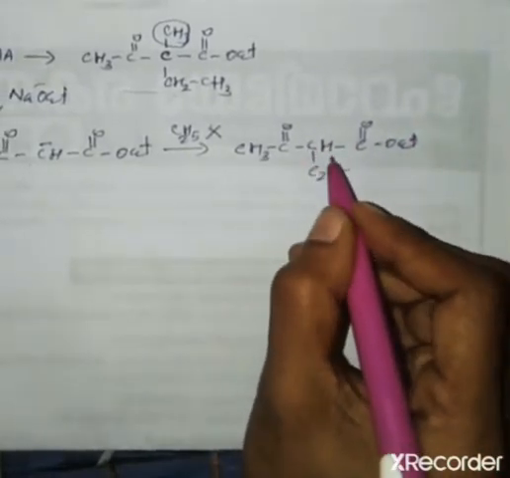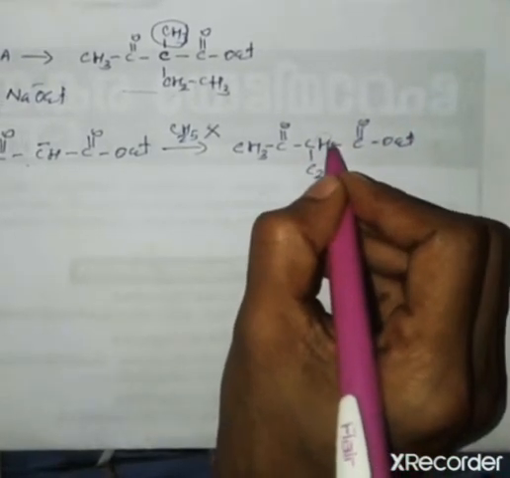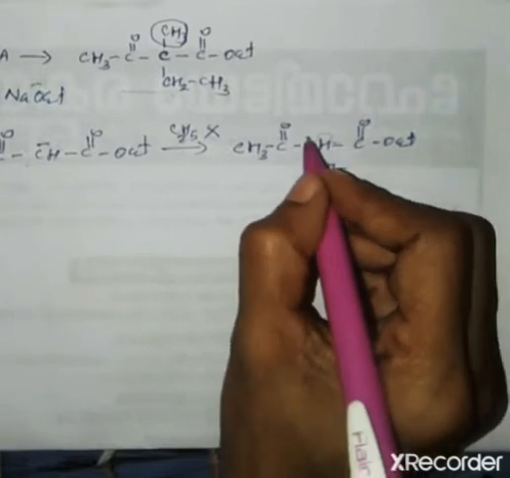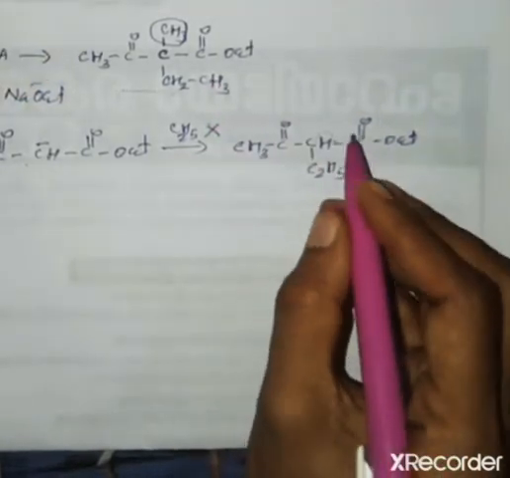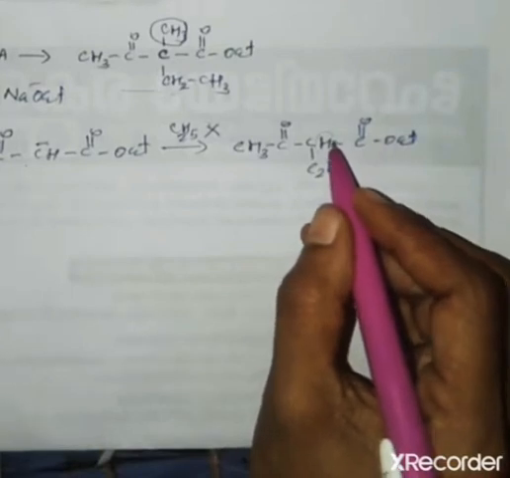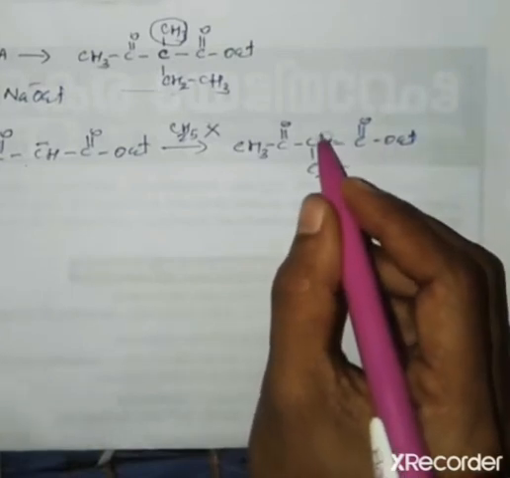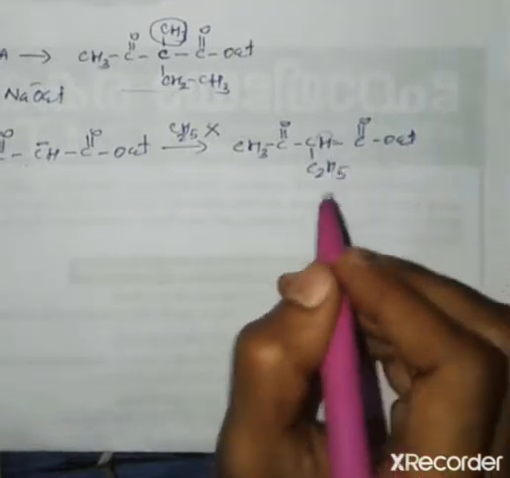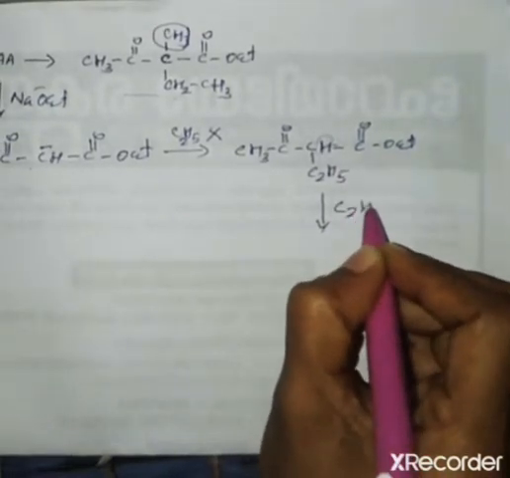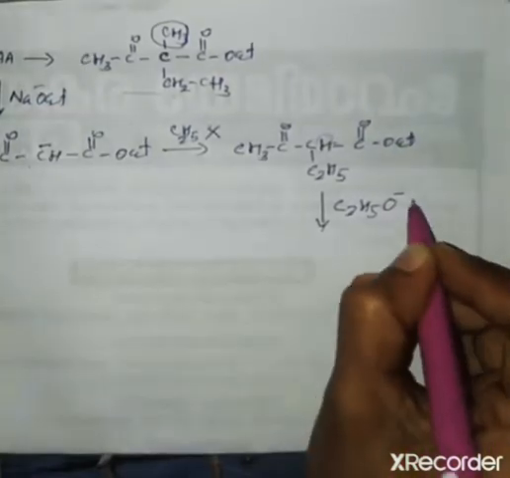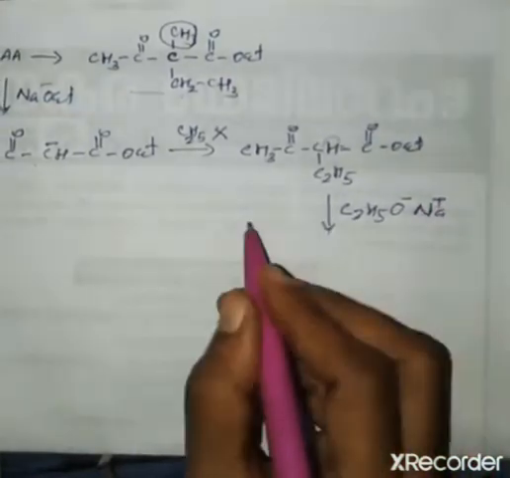Next we want to remove this hydrogen, or substitute this hydrogen, by a methyl group. For that we also want to remove this hydrogen as H plus. So this again reacts with another molecule of ethoxide ion, C2H5O minus Na plus.